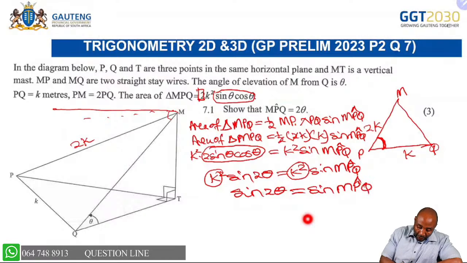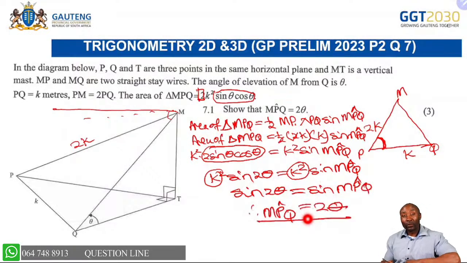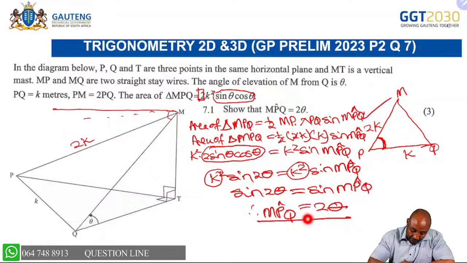Now, I have a sine here and I have a sine there. It follows that therefore the angle MPQ will be equal to 2 theta. That is what we need to show. So we'll get a mark for the substitution. We get a mark for the simplification, and simplifying that identity to get that sine 2 theta equal to that.